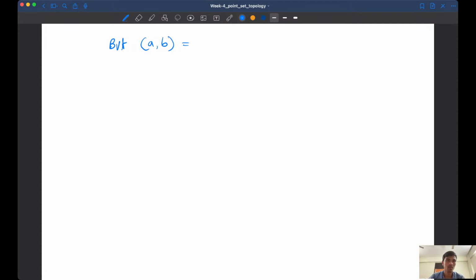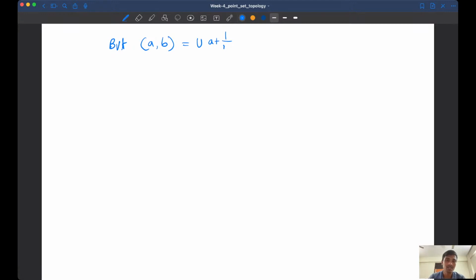Left closed [a + 1/n, b), take the union.